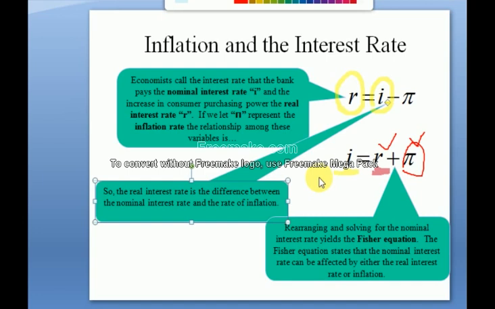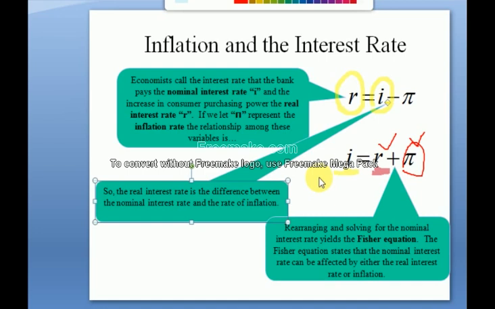The nominal interest rate does not factor in inflation, so assume that the inflation rate is 2%. So the real interest rate the borrower is paying is 1%. The real interest rate the bank is receiving is 1%.